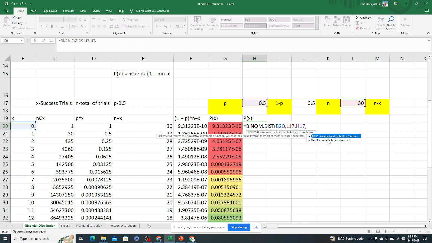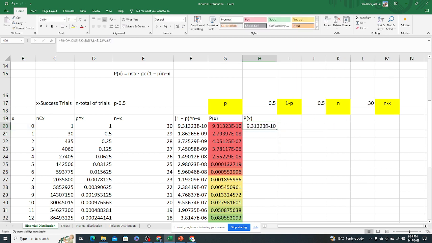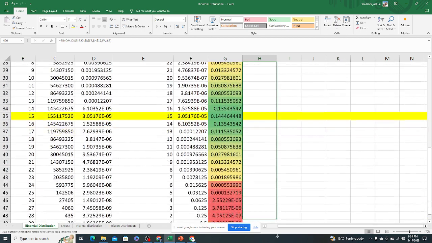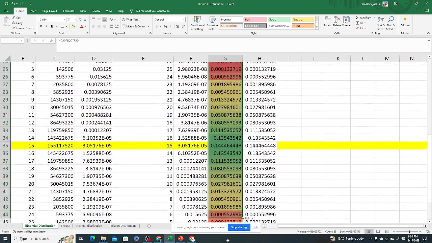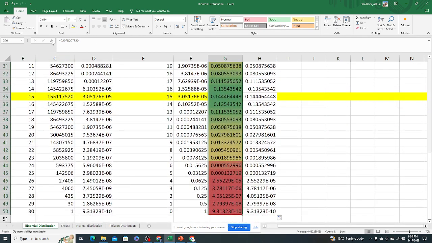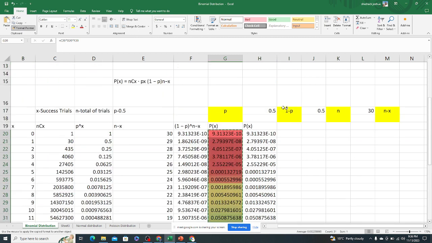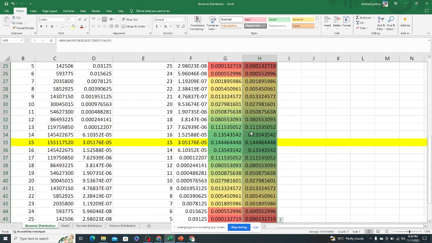Then we need the probability mass function; the formula itself will guide you. Since we are referencing these two cells, we'll have to lock the probability of success and the number of successful outcomes. Once you drag it down, you can see we are getting the same values, meaning our calculation is correct.